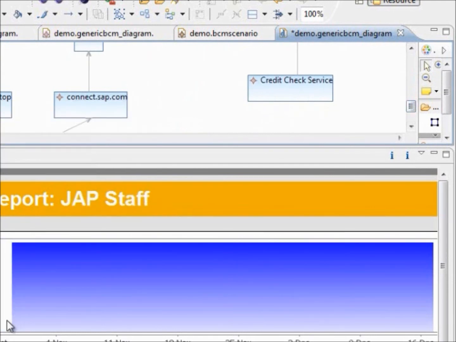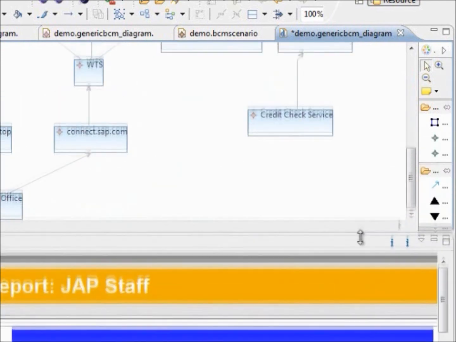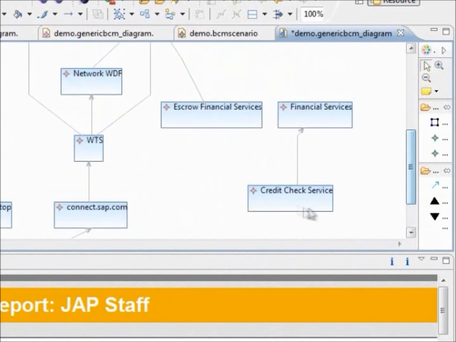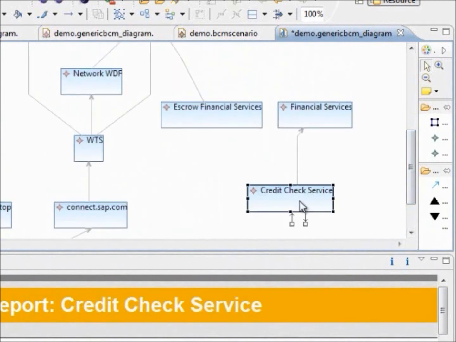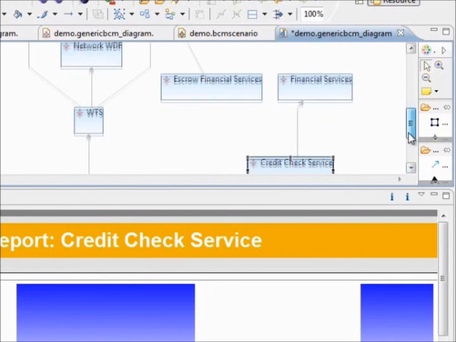I will hire one more person for when this person is not available. And for the credit check service in the TIMBUS context, I can have an escrow service provider, which means that he preserves the service for me. When the service provider becomes bankrupt, I go to this provider and he provides me the service instantly, just by pushing a button, and the service is alive and running again.